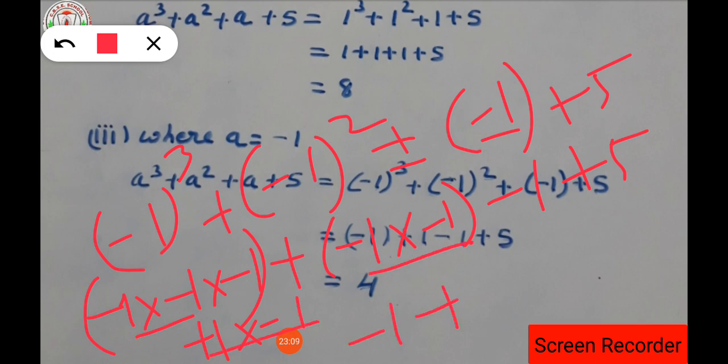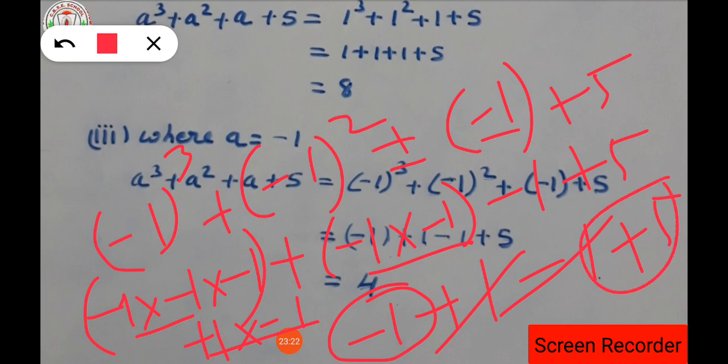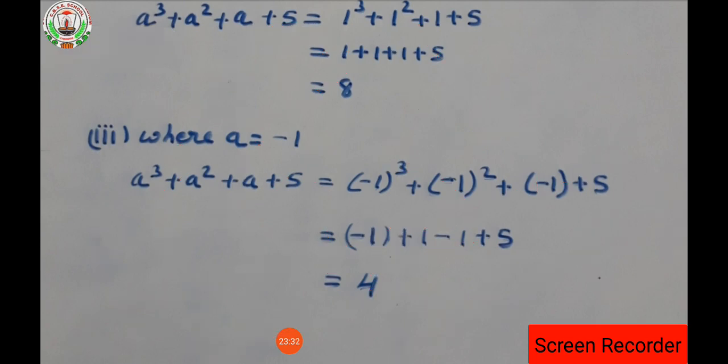Then minus 1 into minus 1 will be plus 1. Then again minus 1 plus 5. Now plus 1 and minus 1 get cancelled. What is left out is minus 5 and plus 5? Minus 5 and plus 5 will become plus 4. Why is it plus 4? Since 5 is the greater number, its sign will stay in the answer.